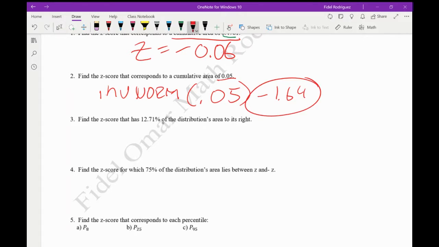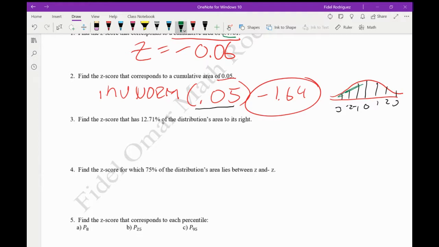Now, one way you can double check, or how do I really know that I'm coming up with the right answer, is remember, here's my normal curve. Here's my 1, my 2, my 3, and -1, -2, and -3. I want you to notice the value that we came up with. It said the area to the left was going to be 0.05.